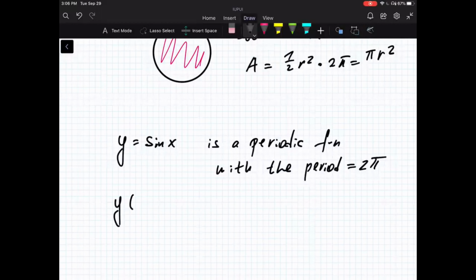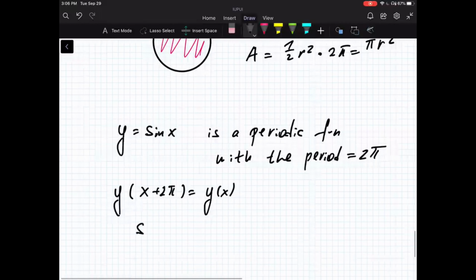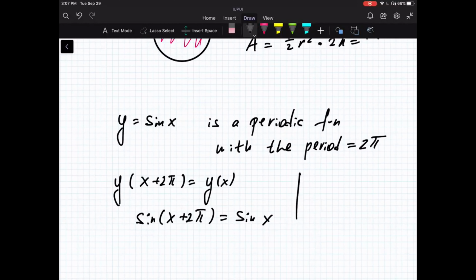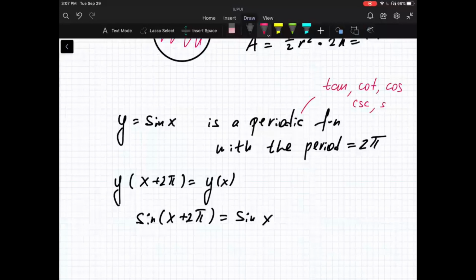That means that y of x plus 2 pi is the same as y of x. Or in other words, sine of x plus 2 pi is equal to sine of x. So also tangent, cotangent, cosine, cosecant, secant are also periodic functions with period 2 pi.